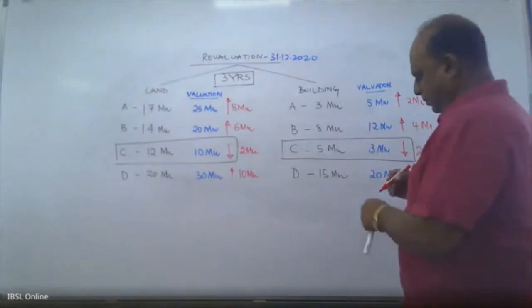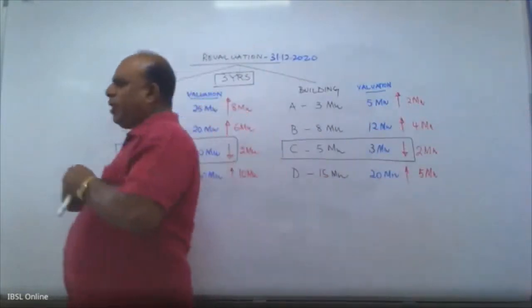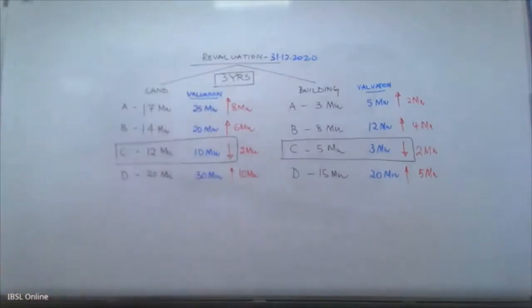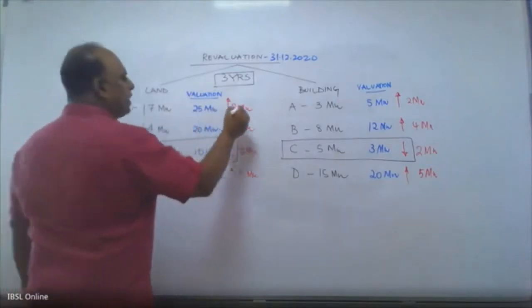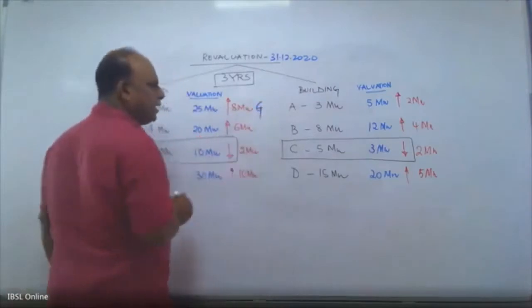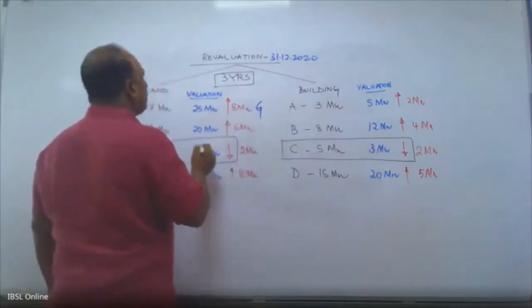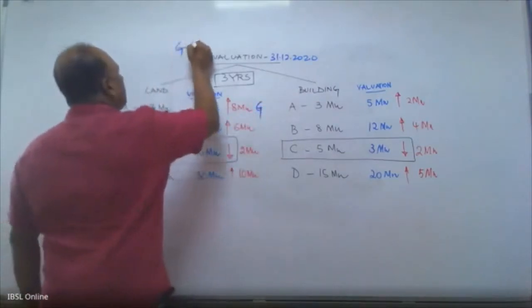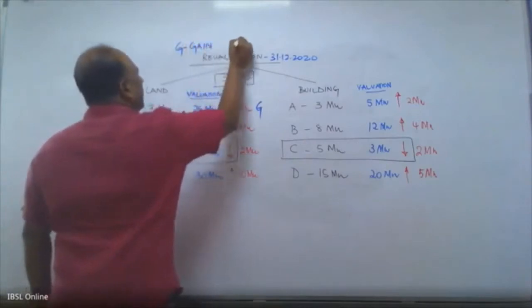Okay. Now, what do you mean by that? According to the valuation that we have received, here we have a revaluation gain. I am marking it with G. G is gain. And I will mark L to be loss.